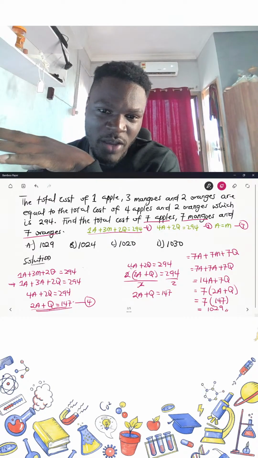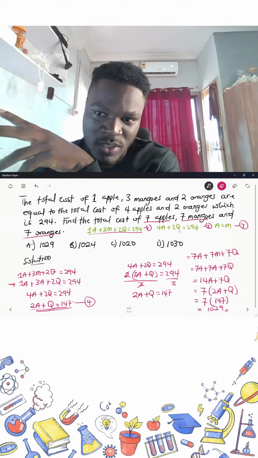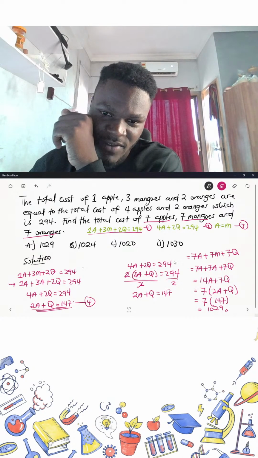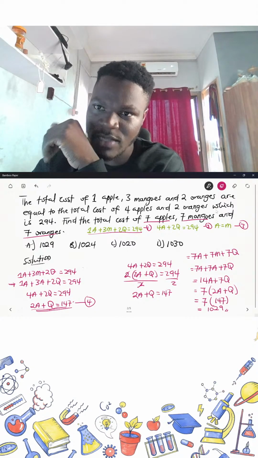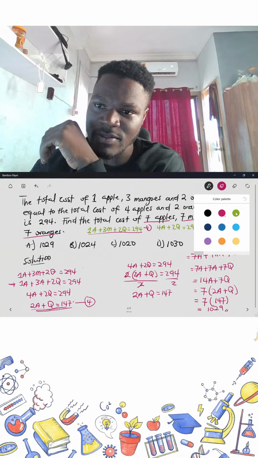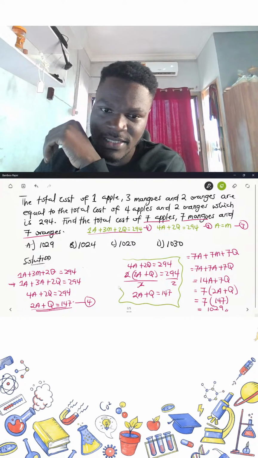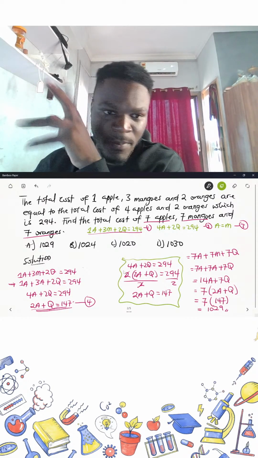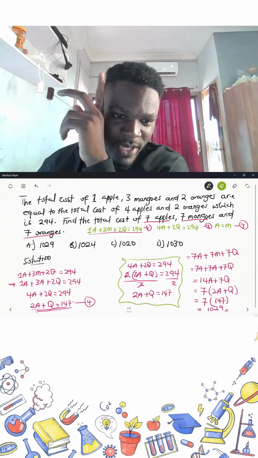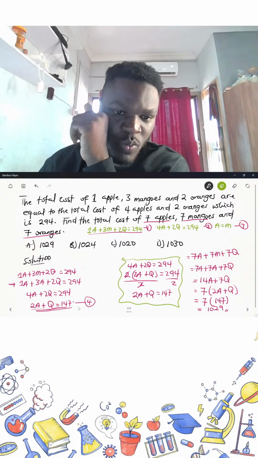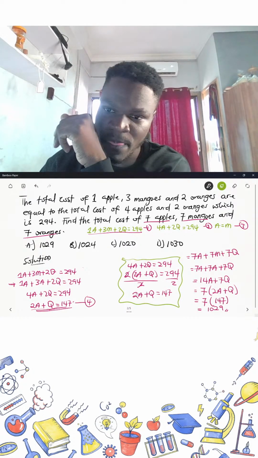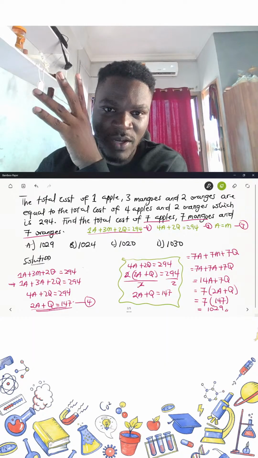And even from here, we don't even need to touch equation 2 again. Even this entire process, I don't even think is needed. So let me highlight that out. After solving, I realize it's not really needed. This is just a waste. Because from equation 1, after we get the expression 2a plus q is equal to 147, which is equation 4, we can just come to the ending of the question.